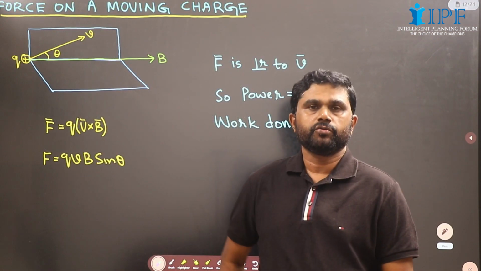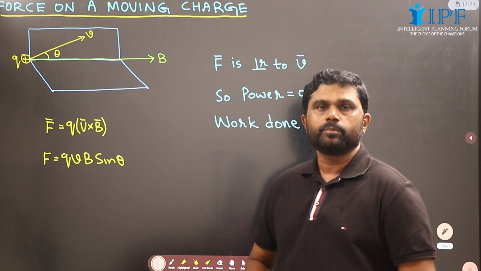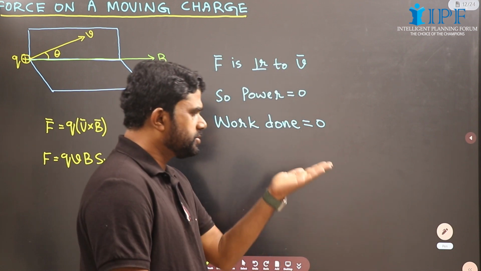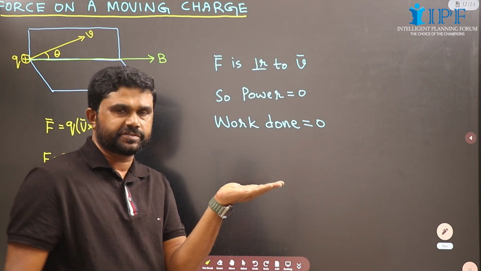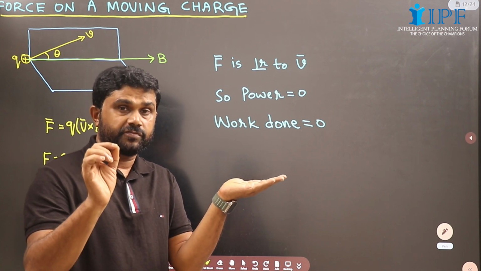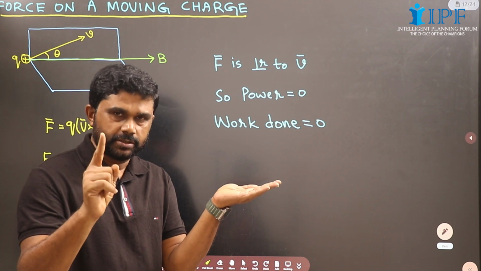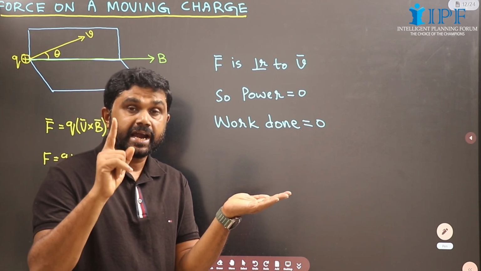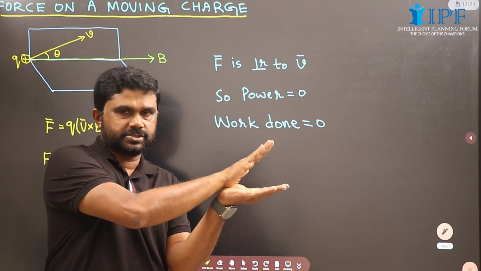Now the next thing is force on a charged particle moving through a magnetic field. Suppose the magnetic field is along the horizontal, so this is the direction of the magnetic field. A particle of charge Q is fired or projected into the magnetic field with a velocity v at an angle theta with the direction of the magnetic field.